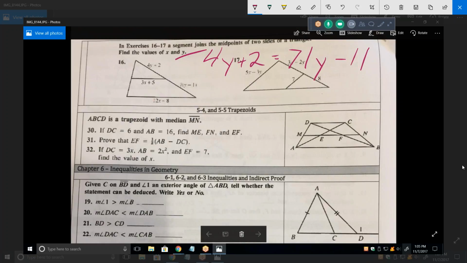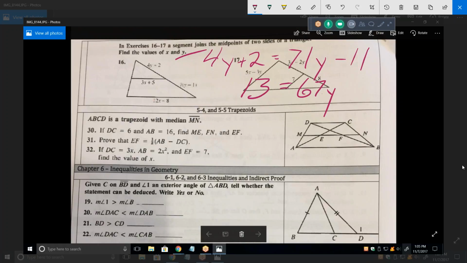Actually, if we put them on the left, it'll have a negative coefficient. If we put them on the right, it'll have a positive coefficient. And if I put the variables on the right, I've got to put the numbers on the left. And now both of them have positive coefficients.